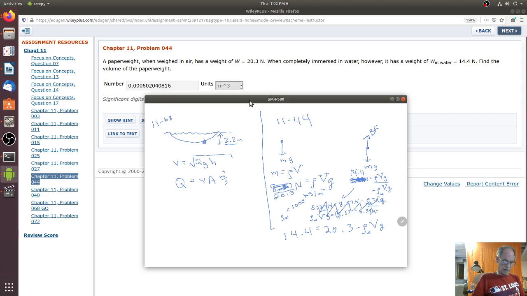So what do I do now? I'm going to take this 14.4 and bring it over to the right-hand side, and I'm going to take this and bring it to the left-hand side. So the density of water times the volume of the paperweight times g is equal to 20.3 minus 14.4 newtons.